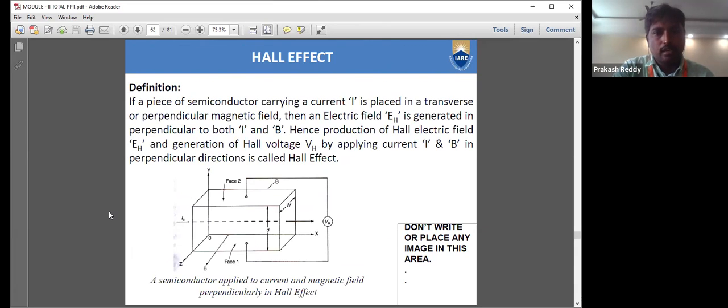Again, I'm going to share the PPTs of the Hall effect. If you have not taken the screenshots, try to take a screenshot. For every slide, I'm going to give 10 seconds of time. This is the first slide. Take the screenshots in order. The same thing is uploaded in the CMS login also, nothing to worry.